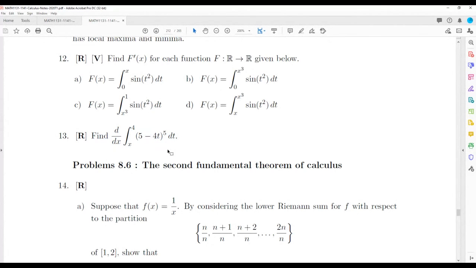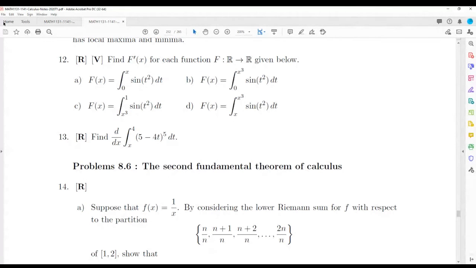Let's do a problem, and keep in mind that the first fundamental theorem of calculus basically says that you can differentiate an integral, and the derivative undoes the integral. That's pretty much what it is. So let's have a look.